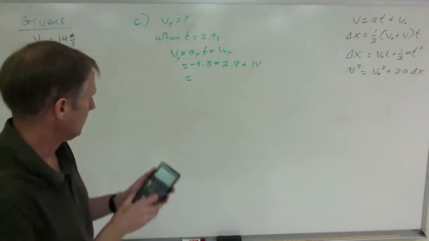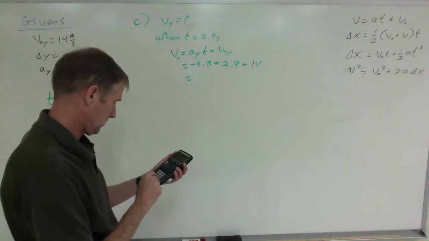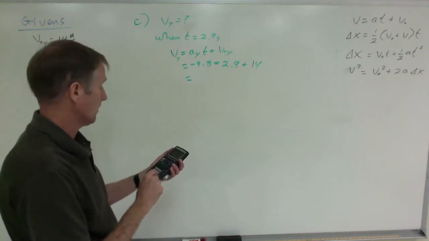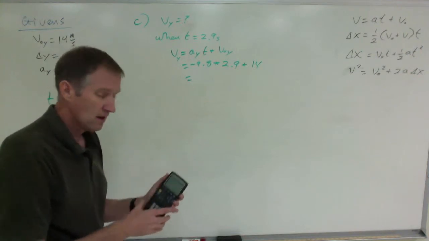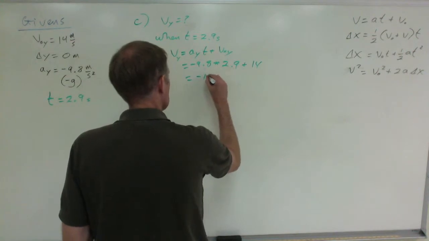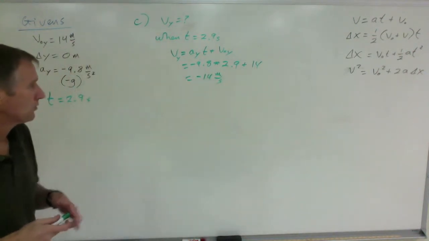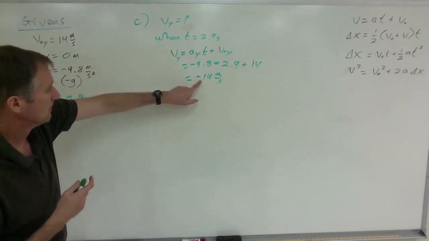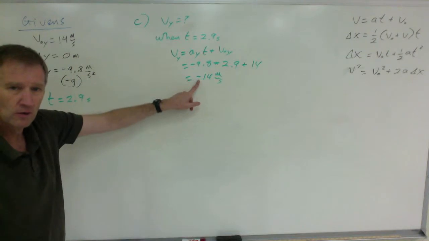And when you put that into your calculator, it's negative 9.8 times 2.857 plus 14. It comes out to be, lo and behold, negative 14 meters per second. And remember, I said that's one of the things I wanted to prove to you. That's the same speed as that. It's just in the opposite direction because it's going down.